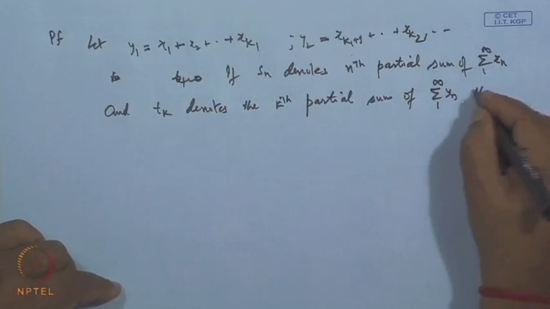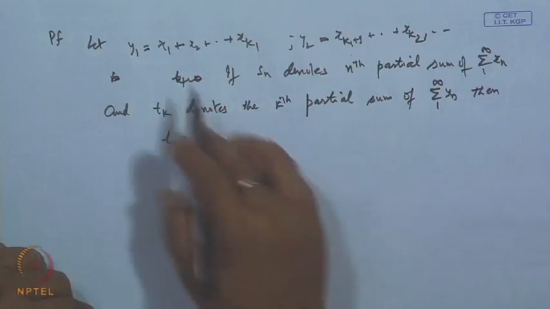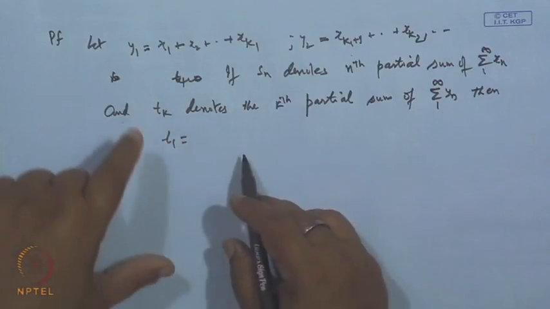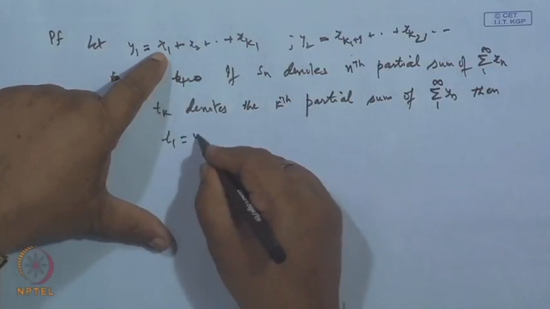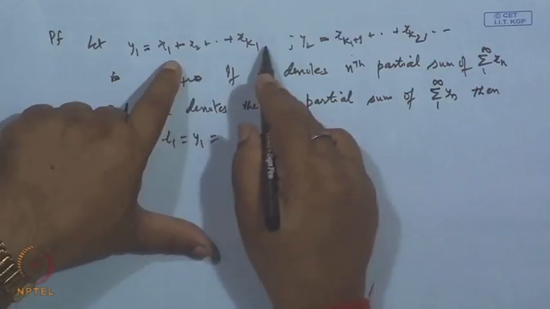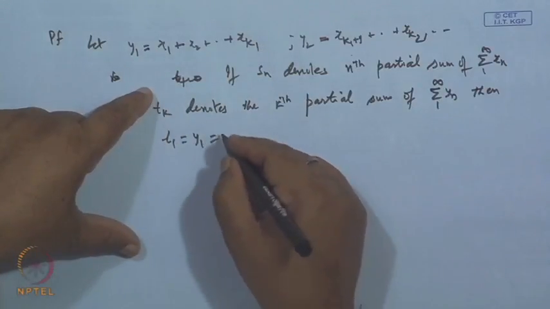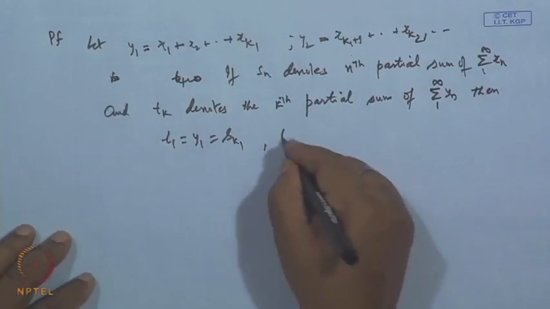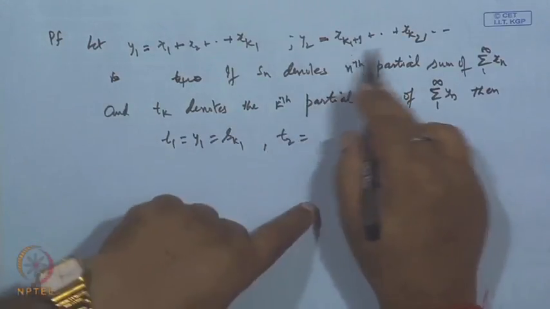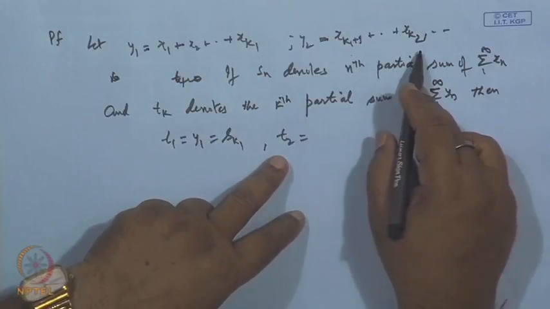Then what we see here is T 1, that is the first term, which is y 1. So y 1 is nothing but the first k 1 sum of the original series, so it is S k 1. Then T 2 is the second partial sum. This term starts from x k 1 plus 1 and so on.